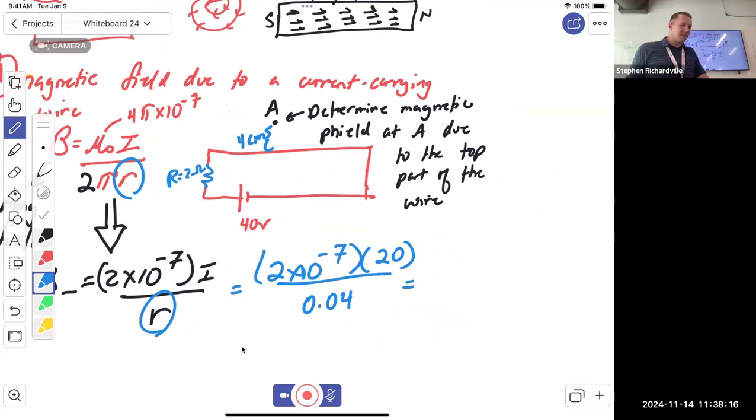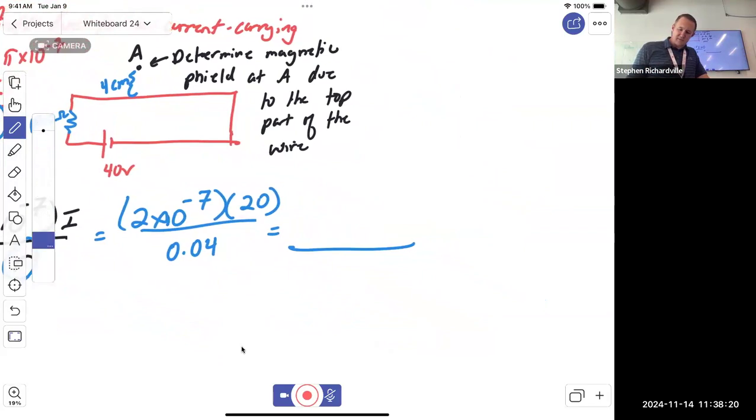What's our field measured in? Amps per centimeter. Coulomb per second. You could derive it, right? What's my units?